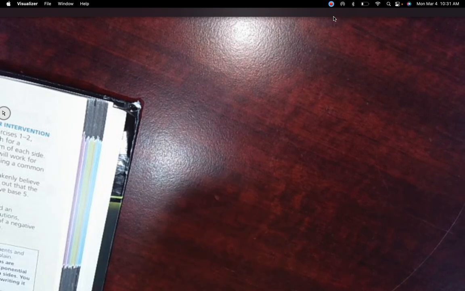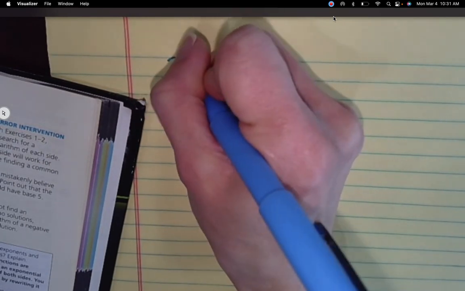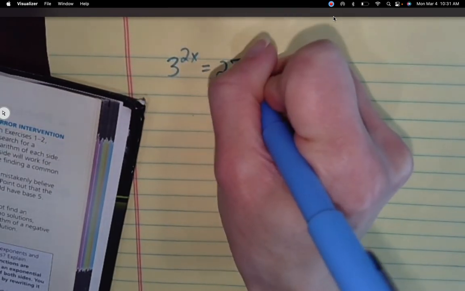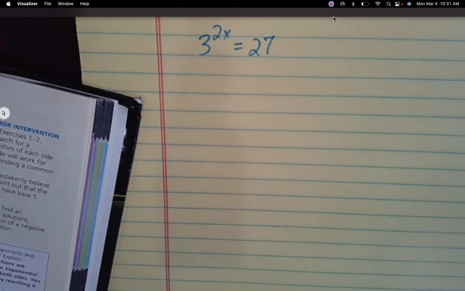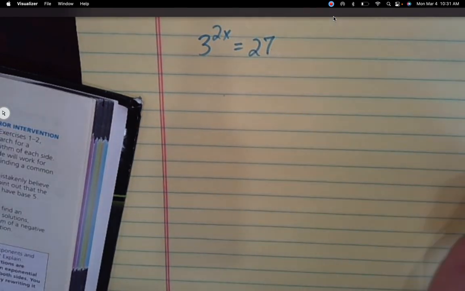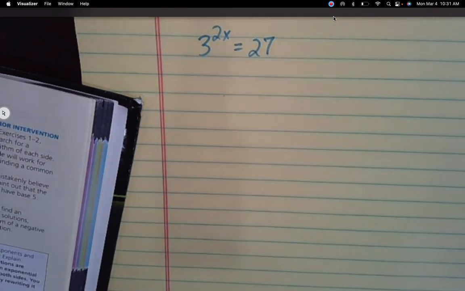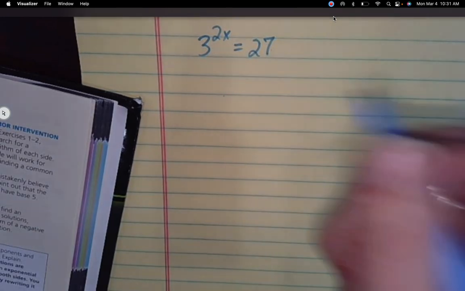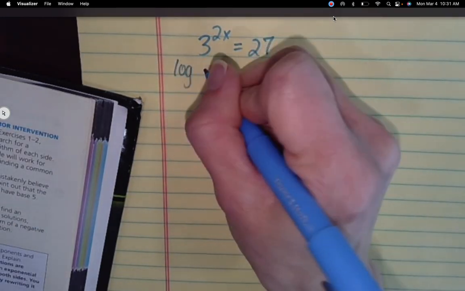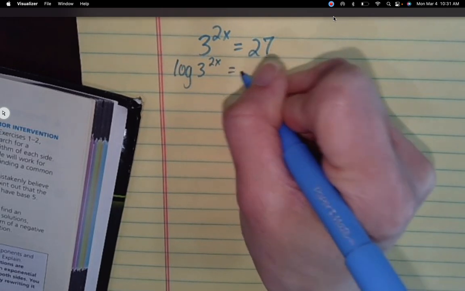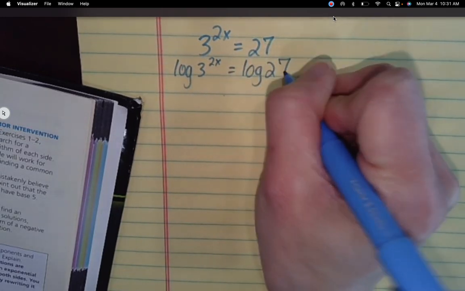So let me do, if I had 3 to the 2x equals 27. And I'd shown them a way first where you could just put it 3 to some power. But I think the easiest way is just log of both sides. Log of 27.